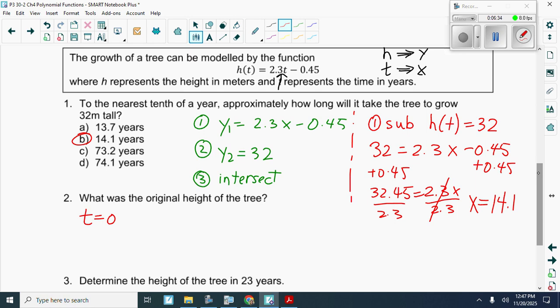Okay, so at this point, the original height of the tree, if we're doing the calculator method, we're doing x is equal to 0, and then y, when we do it on our calculator, gives us a negative value. Because what's happening here? Original height of the tree.